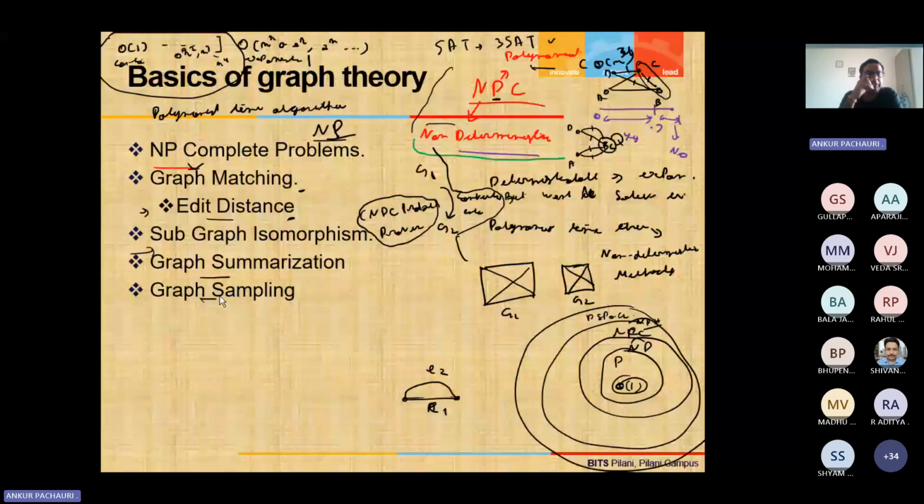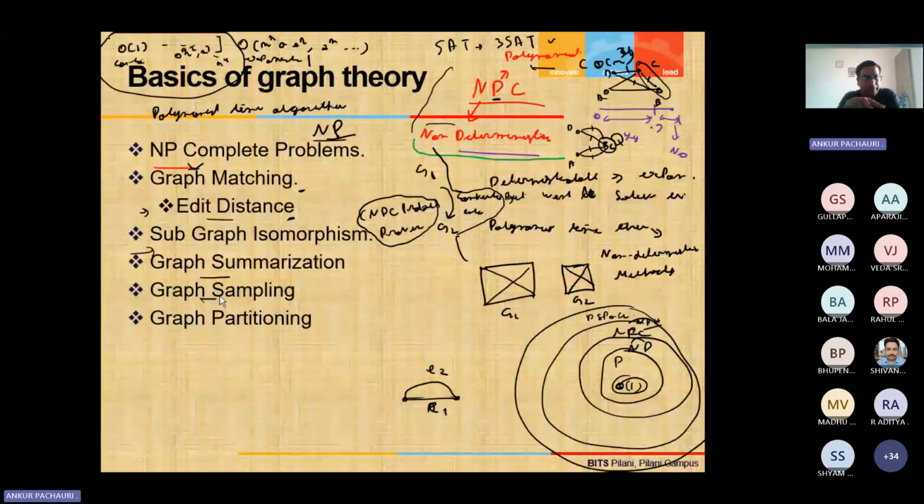Graph sampling means some experiment or some study cannot be done on an actual graph. Either the graph is not accessible or it is not feasible. So in that case, we will be doing the experimentation on a sample of a graph, on a subset of a graph, which behaves as a complete graph, and that we call graph sampling.